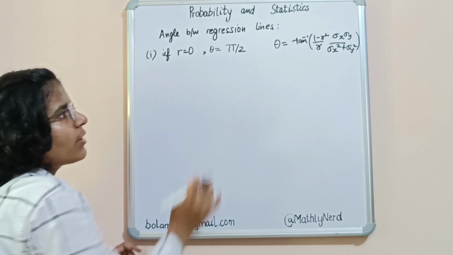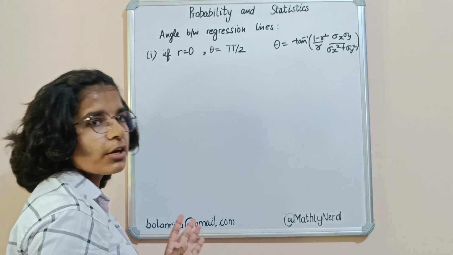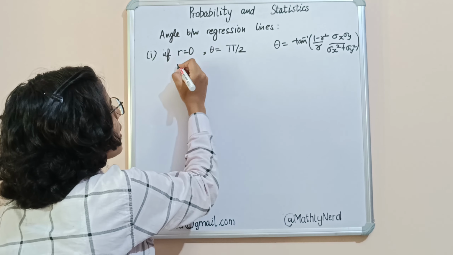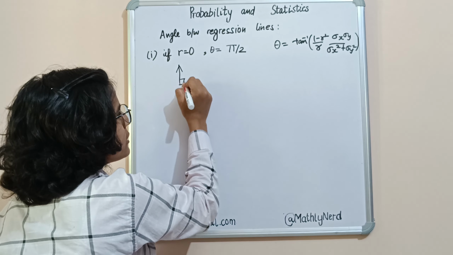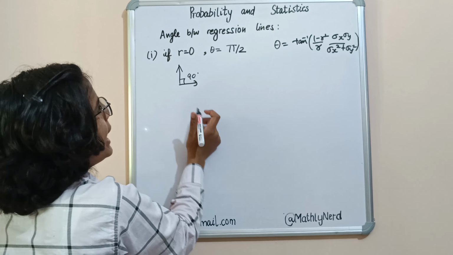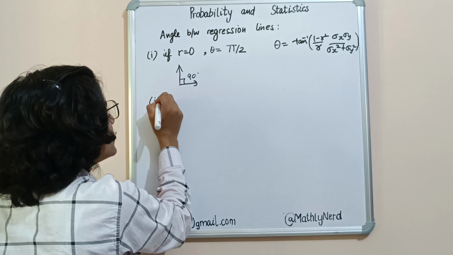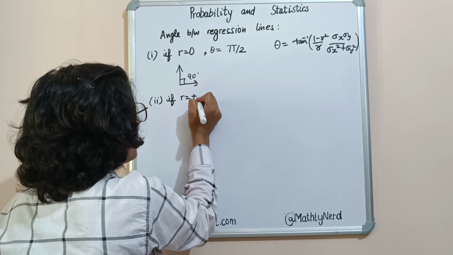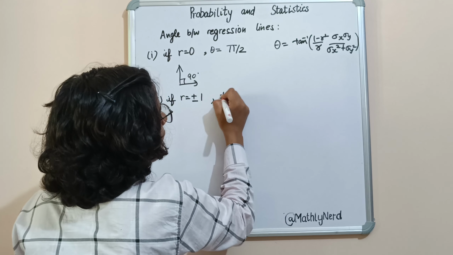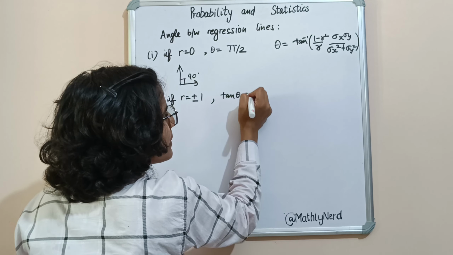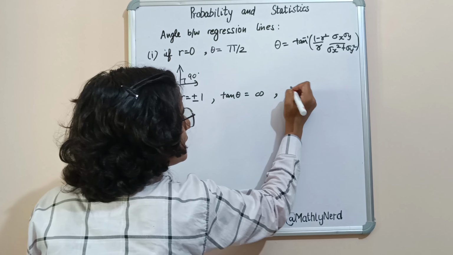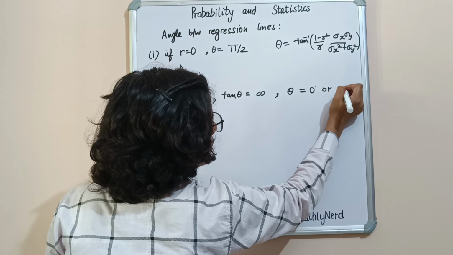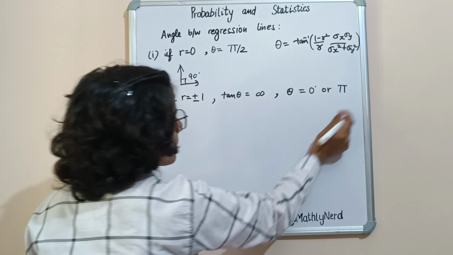That means if x and y are uncorrelated, then these regression lines will be perpendicular to each other. And our second observation is, if r equals plus minus 1, then tan theta will be equal to infinity and theta will be equal to 0 degrees or pi.